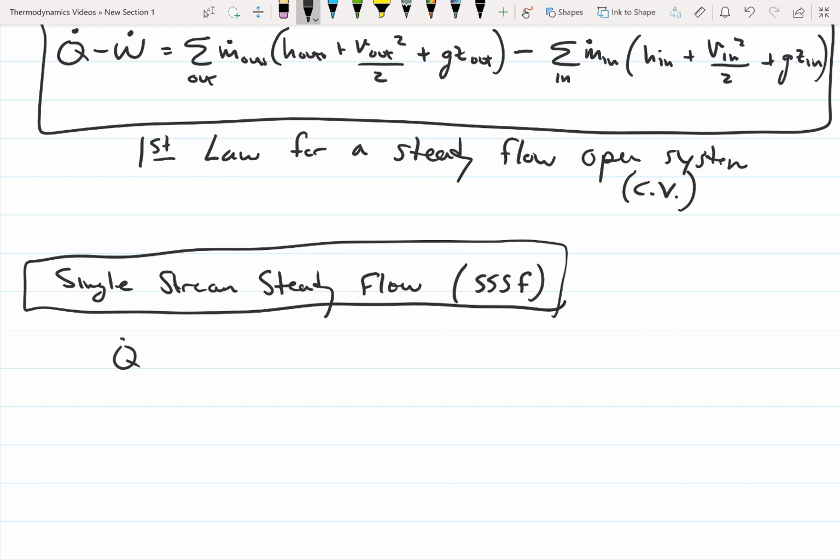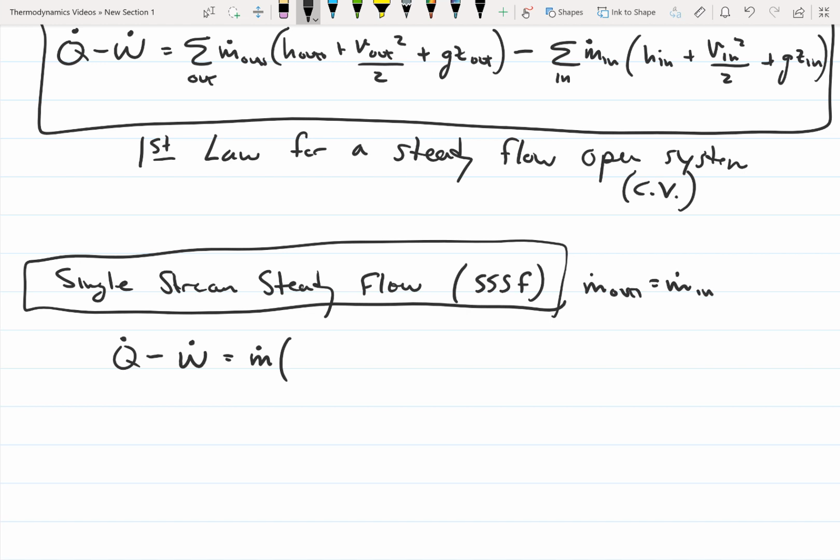So then we have Q dot minus W dot, and remember this is still for the steady flow, is equal to m dot, and since it's a single stream and a steady flow, we know that m dot out is equal to m dot in.